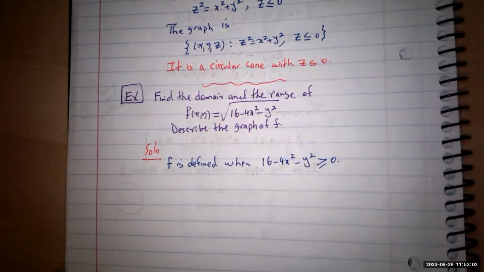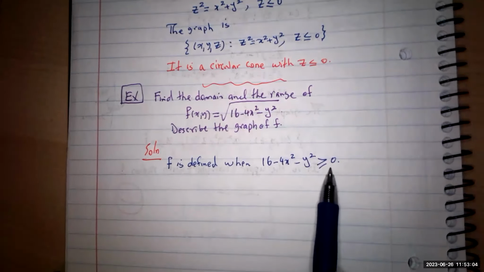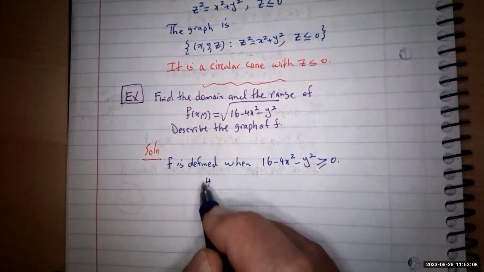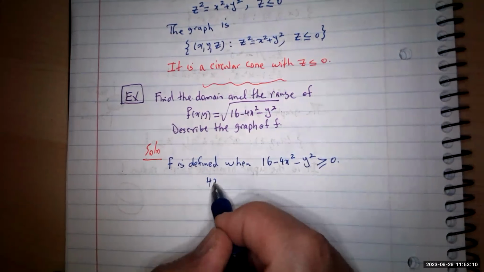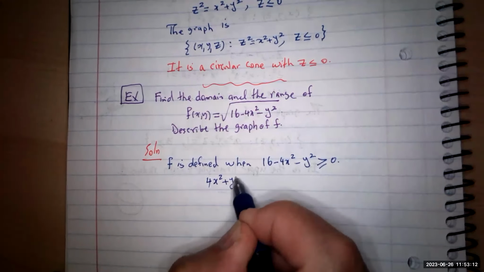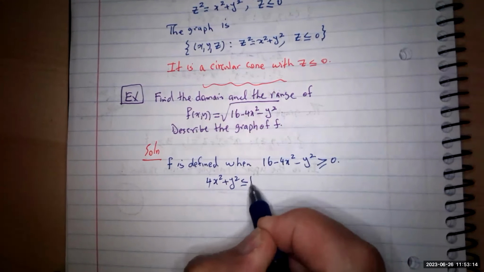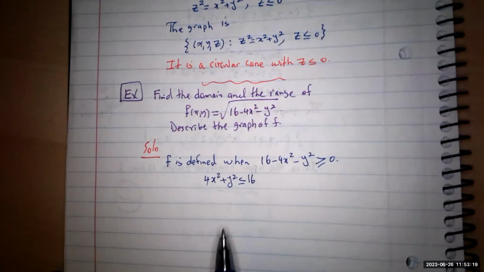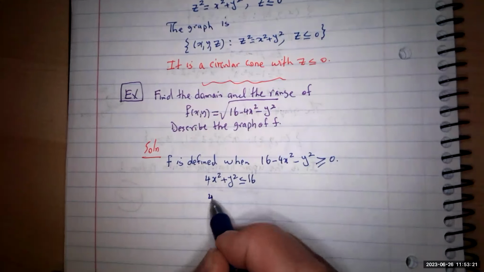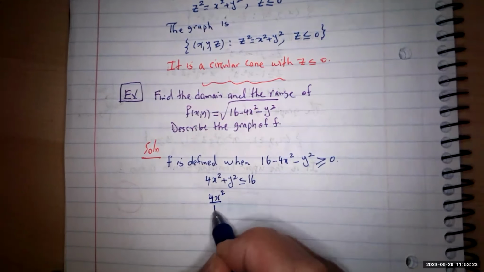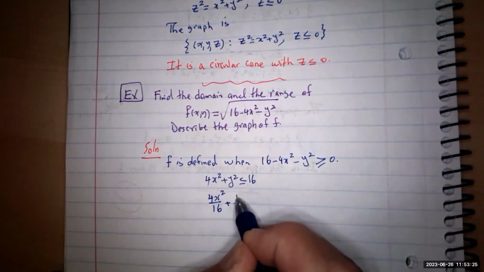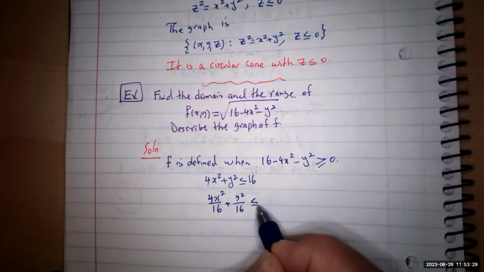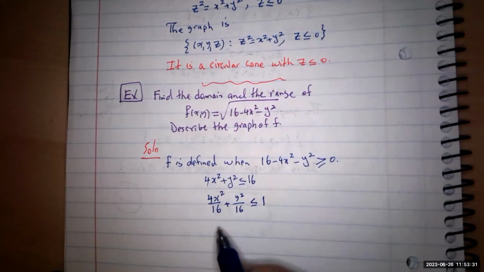We can make it better. Let's move this to the other side, if you like, these are optional. So that would give you 4x squared plus y squared less than or equal to 16. Even you can go on, divide by 16 to get a better description of your domain. 4x squared over 16 plus y squared over 16 is going to be less than or equal to 1. So we simplify this one by 4.